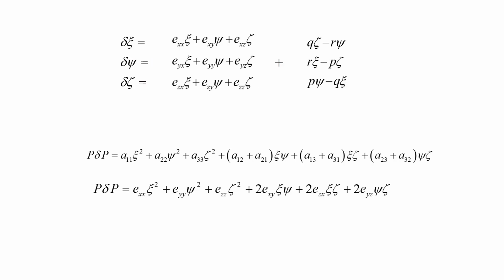And so, we can now write, in place of A11, A22 etc., this Exx, Eyy, Ezz, and we get this equation: P delta P is equal to Exx xi square plus Eyy psi square plus Ezz zeta square plus 2 Exy xi psi plus 2 Ezx xi zeta plus 2 Eyz psi zeta.